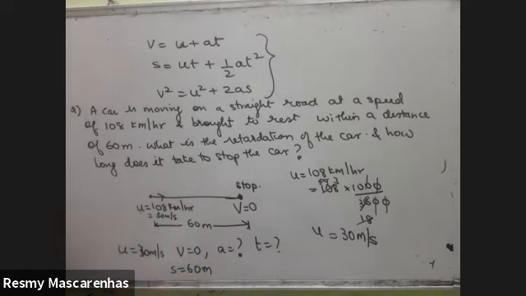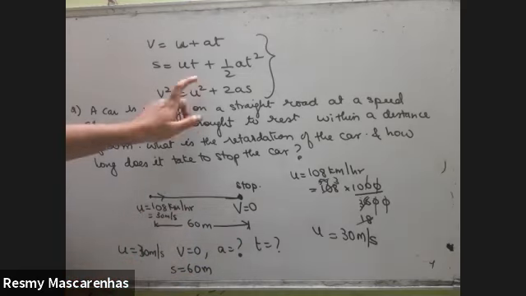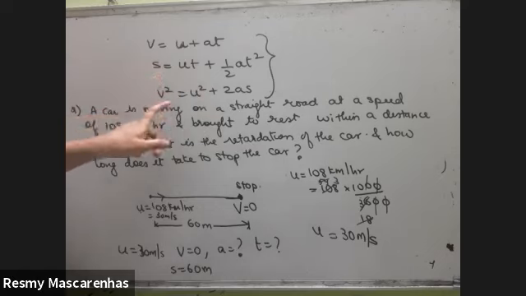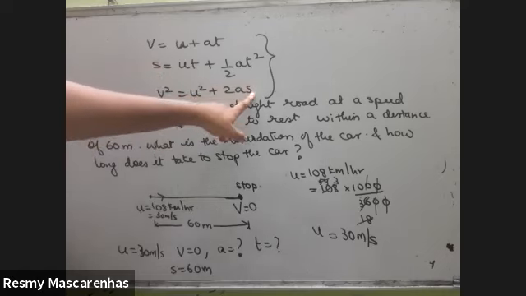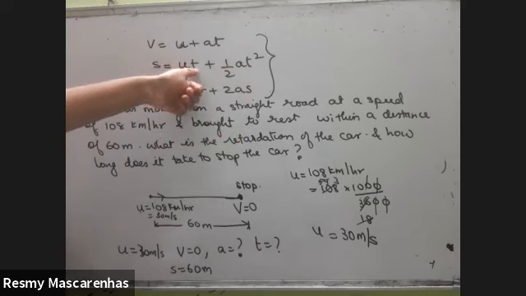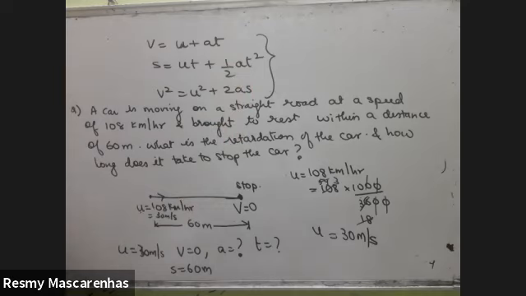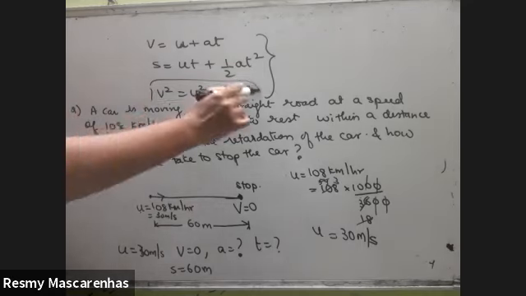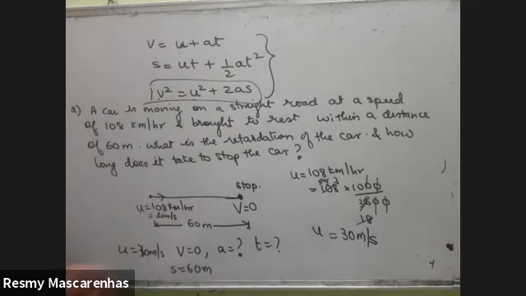Whenever you know distance, U and V, we have to always use the last one because we know V, we know U, we know S. Here we don't know T and we don't know A. Any equation with two unknowns we cannot solve. So this is the only equation right now where you know three things and the fourth one you have to find. Use that formula and then calculate your acceleration.